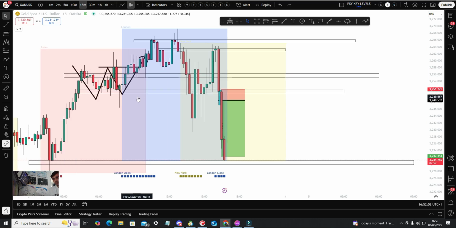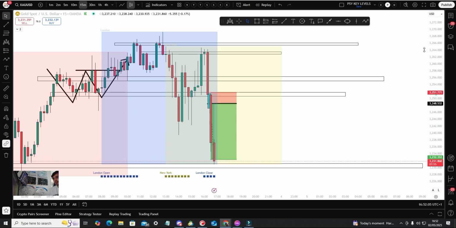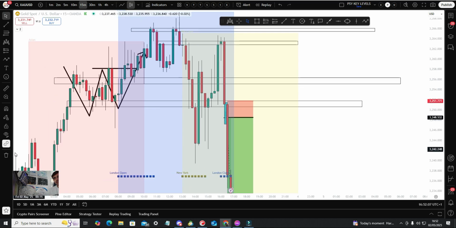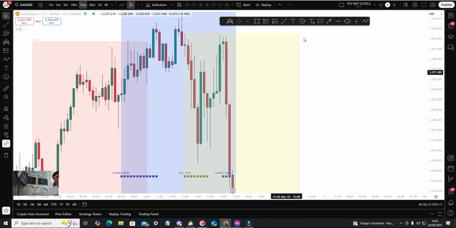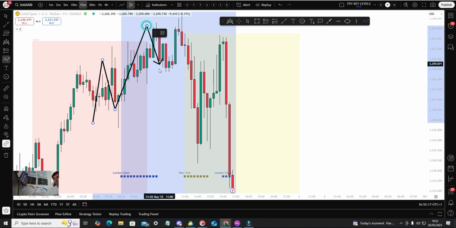Let me see if there's another one actually. I can just remove all these drawings, right? Now let's bring this in. Now this is on gold, so it's not going to be the best example. Sometimes price will create a double head, and look at this, it's gone down there.